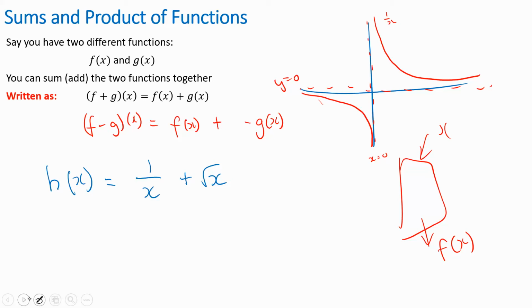Then let's sketch square root of x, inclusive of 0. Anyone know where the intersection might be? 1. Because if I do 1 on 1, it's still 1, and if I do square root of 1, it's still 1. So logically the intersection is 1, 1. This is for root of x. Now I've got my functions there. Remember we said take the first one, add with the second one.